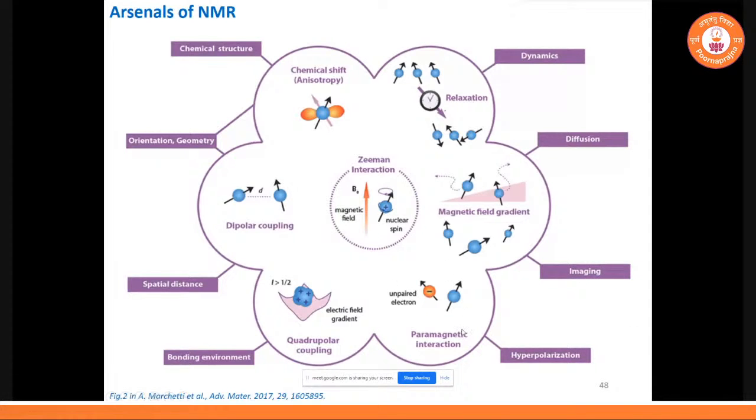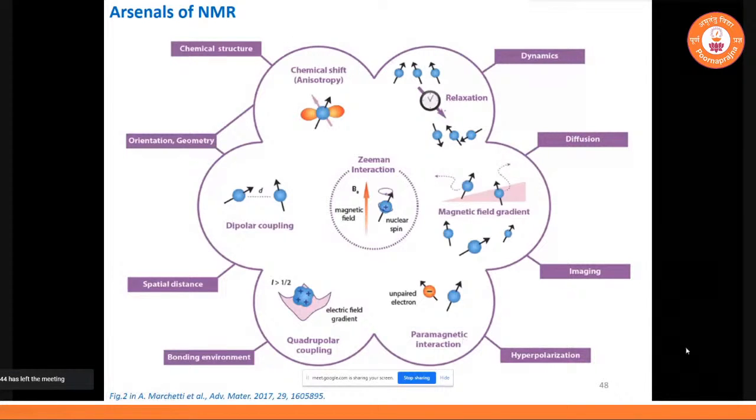Of course, as I already told in my second slide, nowadays people are transferring polarization from electron to nuclei, like CP. The advantage is that we get almost 1,000 times sensitivity enhancement. This is a very old concept, almost 70 years back this concept was proposed, but it was realized only about 10 years back.